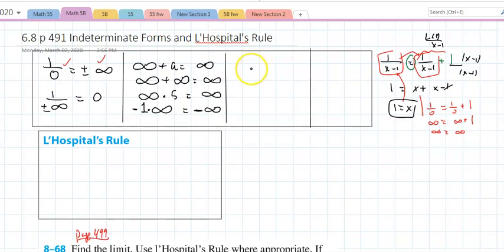So those are supposed to be straightforward. What's not straightforward is, what's a very large number minus a very large number? Well, it depends which of those is larger. What is infinity times 0? A very large number times 0. Not sure. What is a very large number divided by a very large number? Unknown. What is 0 over 0?